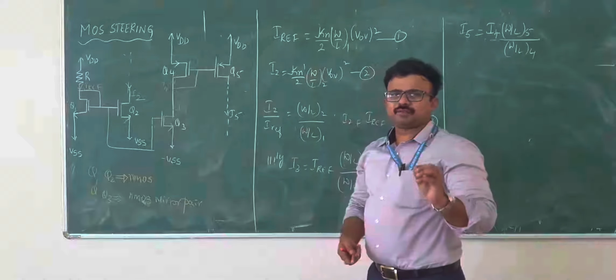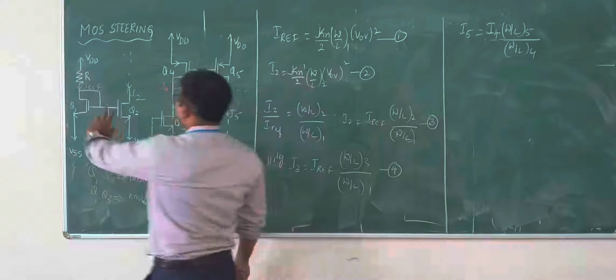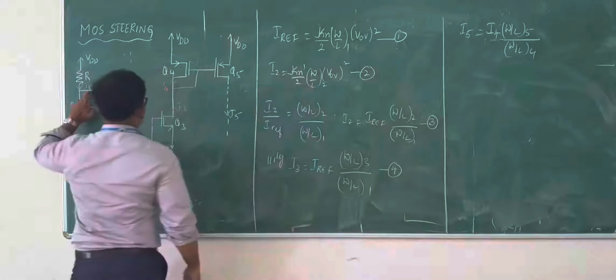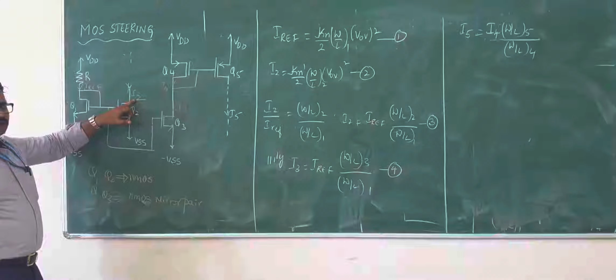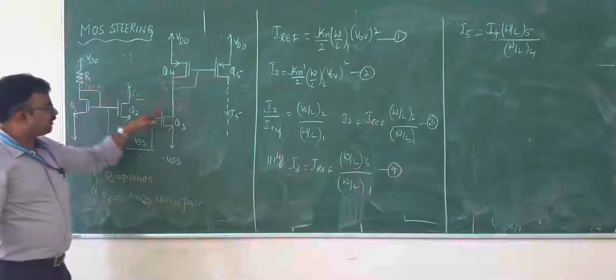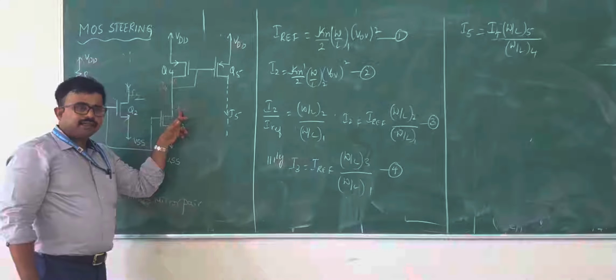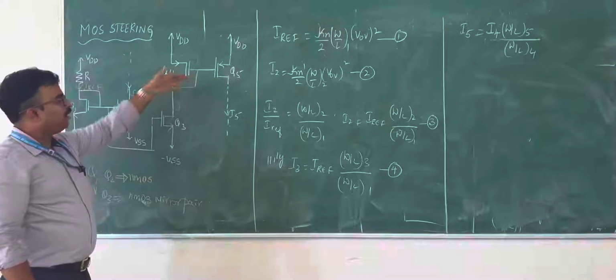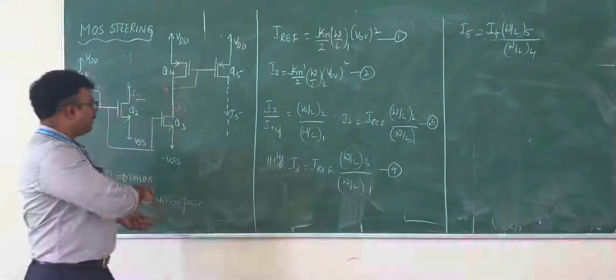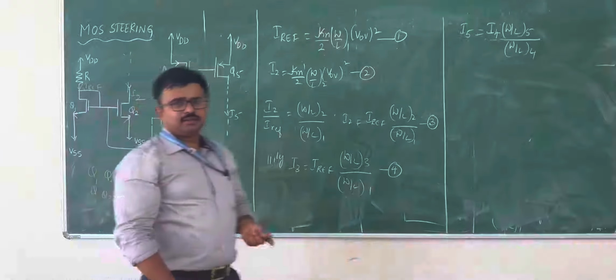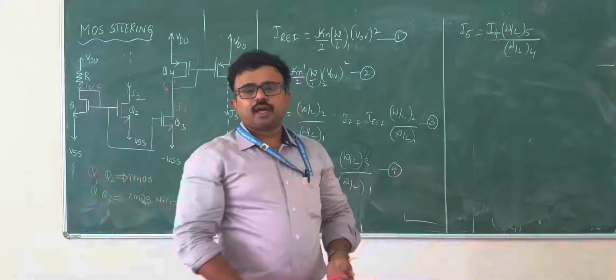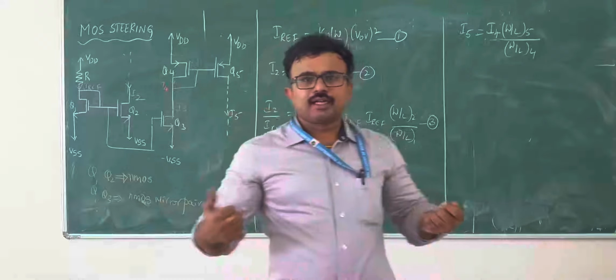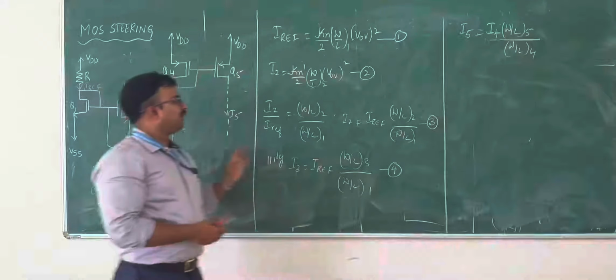The concept is very simple. To what extent is this current I reference copied down to I2, whether it is twice or less? To what extent is I reference copied to I3, and to I4, I5? If you make use of n number of current mirrors, to what extent you can increase, decrease or copy down is very important.